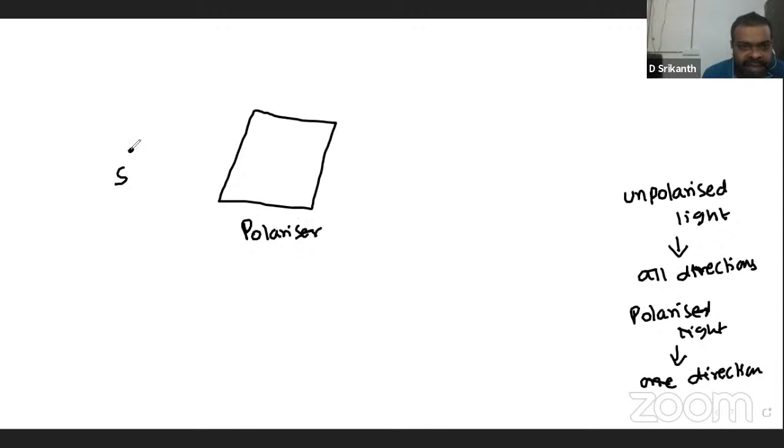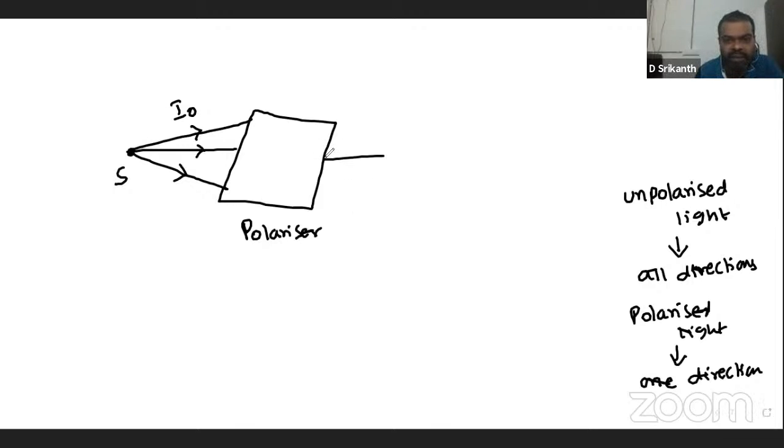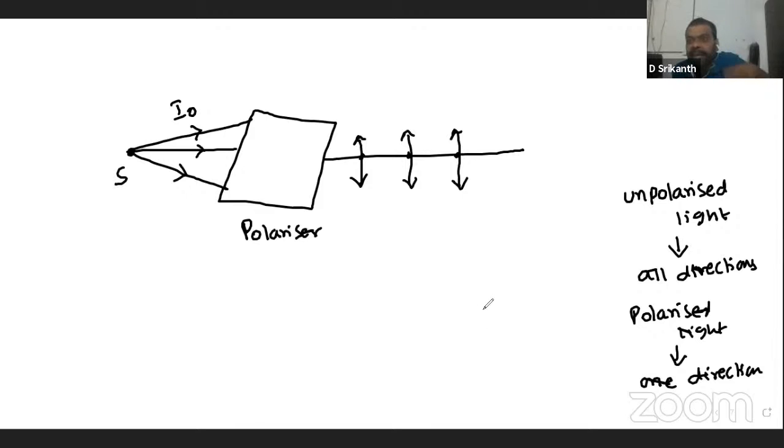Whenever light is incident on the polarizer, here I naught is the intensity of the unpolarized light. All these are unpolarized light. After the polarizer we get a light, but I don't call it polarized light, because whatever light is obtained, we must check it and thereafter confirm it.